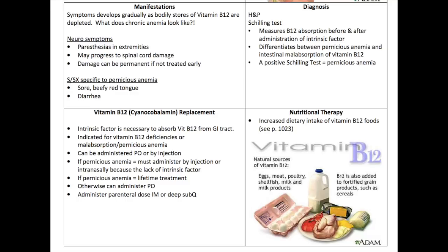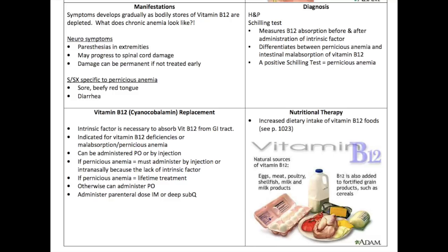And so the way that we diagnose pernicious anemia is through a Schilling's test. So if your Schilling's test is positive, then you have pernicious anemia. And the way the Schilling test works, I think Michael did a great job of explaining that in the video. So they give you B12 and they measure your B12, and then they give you B12 again, and they give you the intrinsic factor and they measure.